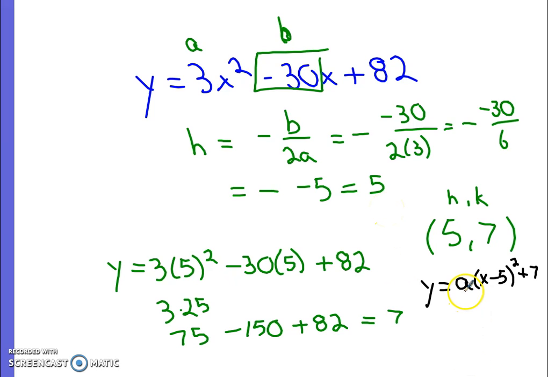All we need to do is find out what a is. Again, we found out what h was, so it's a times the quantity x minus h, squared, plus k. We just need to find out what a is. And the nice thing is, a is the same a that was up here. So the equation is y equals 3 times (x minus 5) squared plus 7.